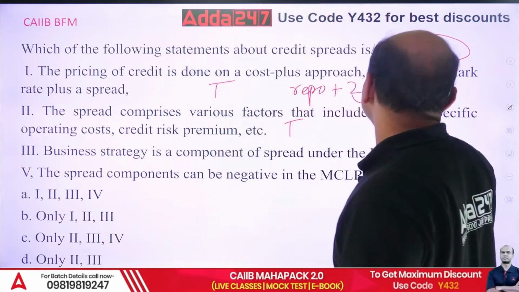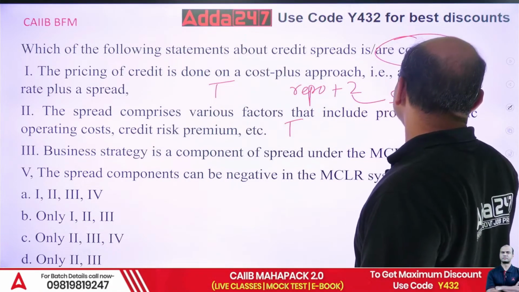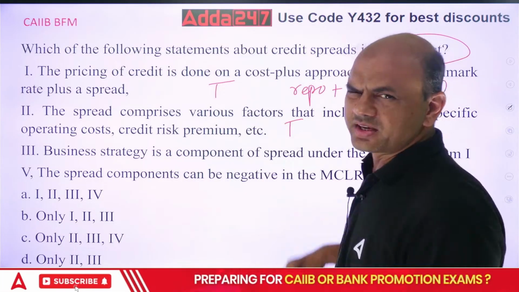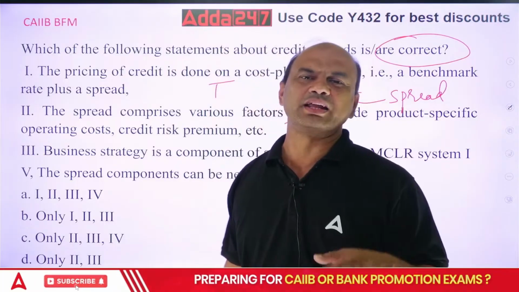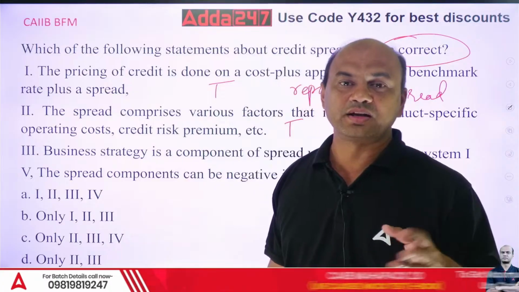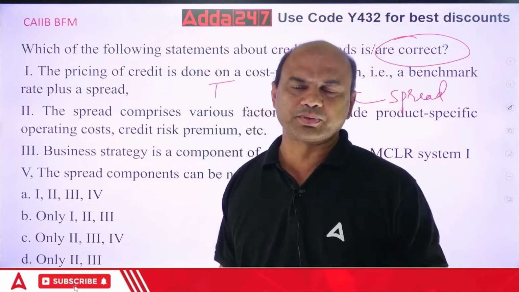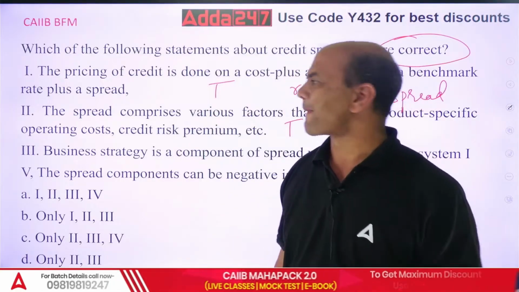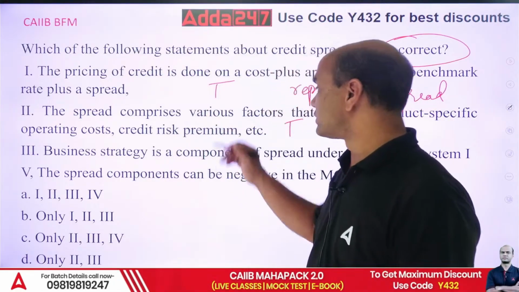So how does this 2 come? It is all your calculations: your NII, the interest difference between the loans and the deposits, your operating expenses, all these. So this is also true.